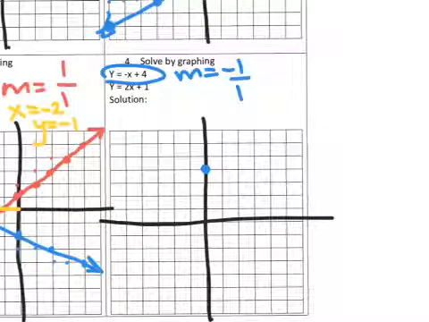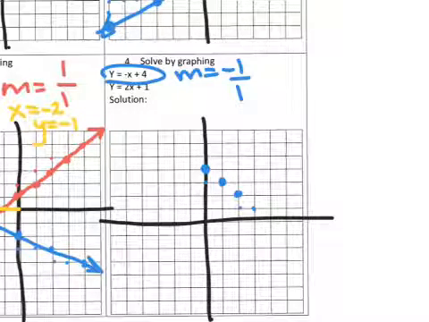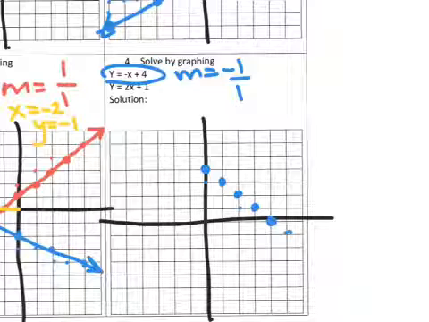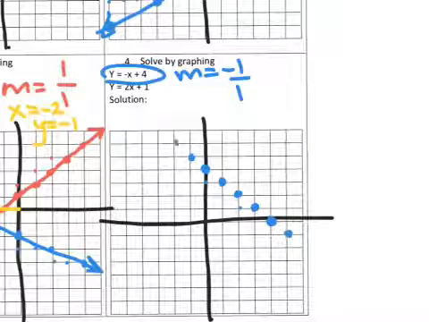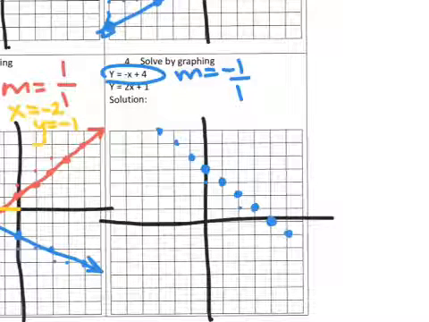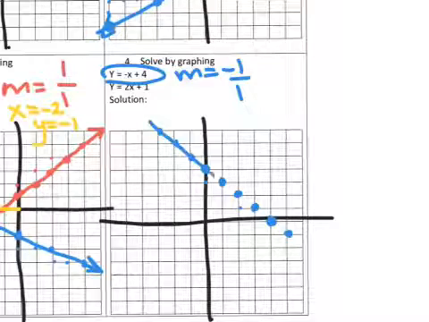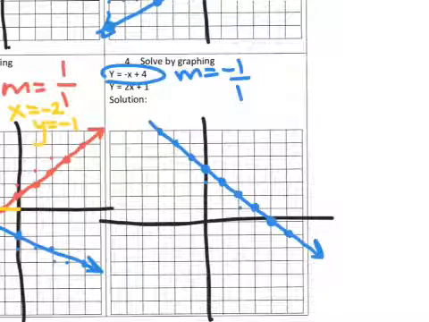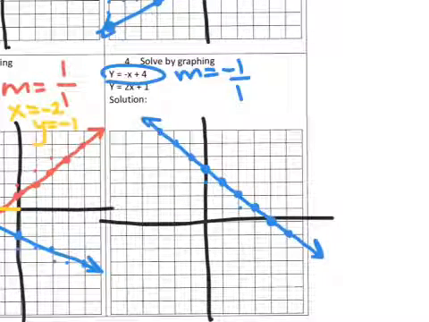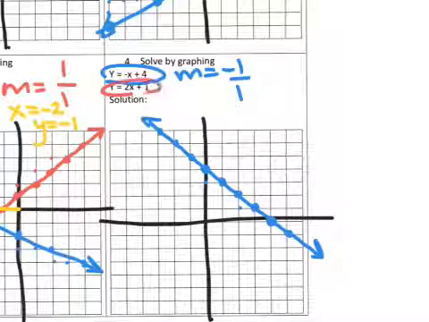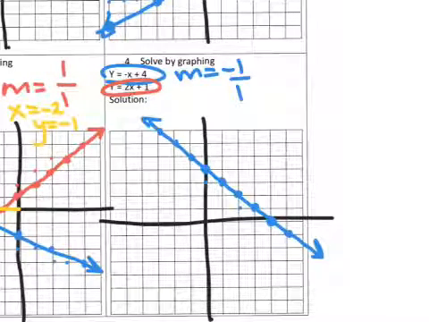So we go down 1, right 1, down 1, right 1, down 1, right 1, and so on, and connect them, nice straight line. Using a different color so we don't get confused. What does that say? 2x plus 1.